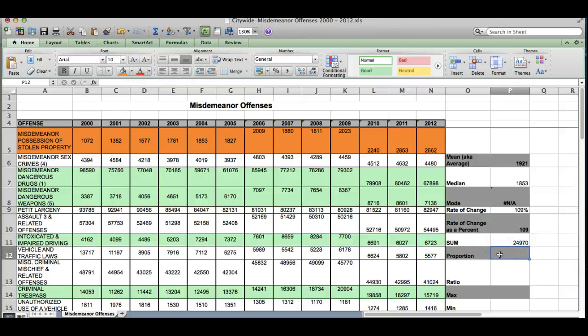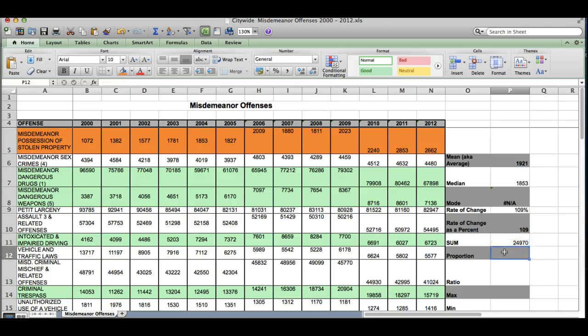Well, let's say that you are interested in seeing what proportion of stolen property offenses were reported in 2005. For this, the proportion would be this number, 2005, to 24970.